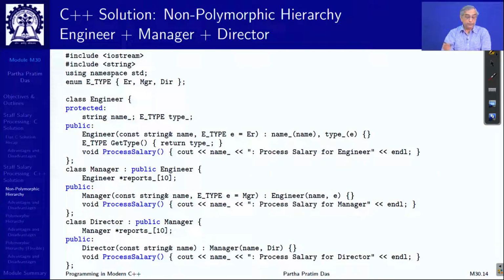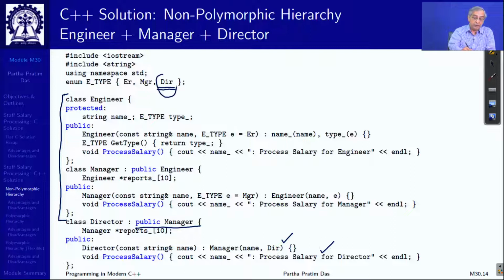So, let us do it. I need to add the tag type. Nothing changes in the engineer and the manager, but I just specialize from the manager to create a director, have its constructor, have its process salary implemented. So, the addition still needs care, but that has become substantially less now.